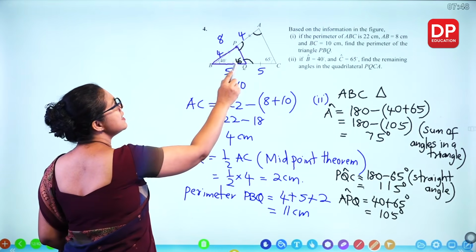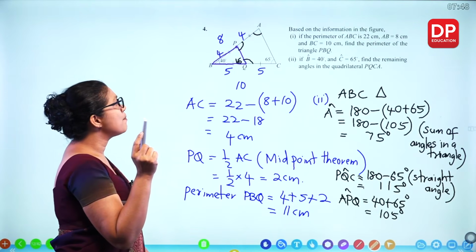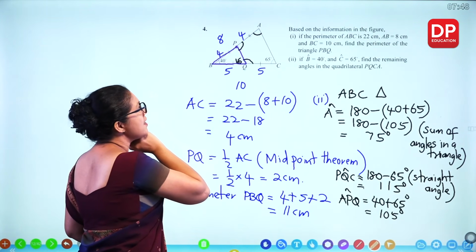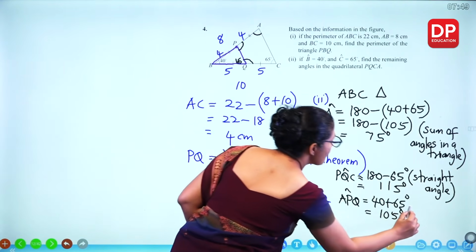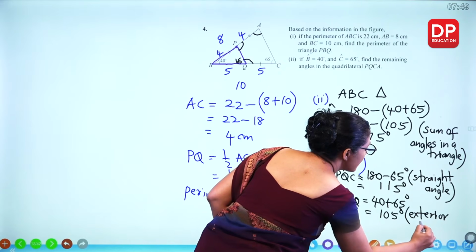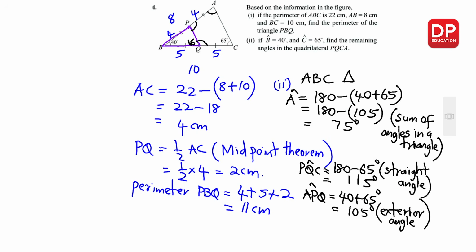What's the reason? Sum of interior opposite angles add up to get the exterior angle. So exterior, you can write just exterior angle. So what are the angles? A is 75, Q angle is 115 and P angle is 105.